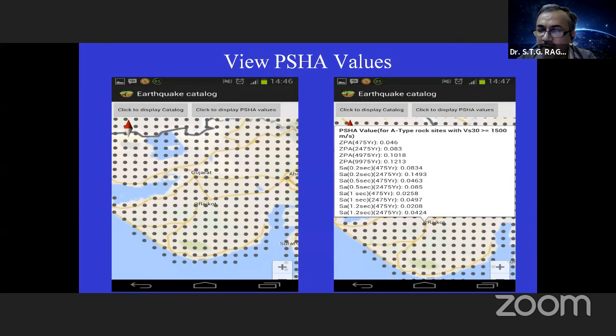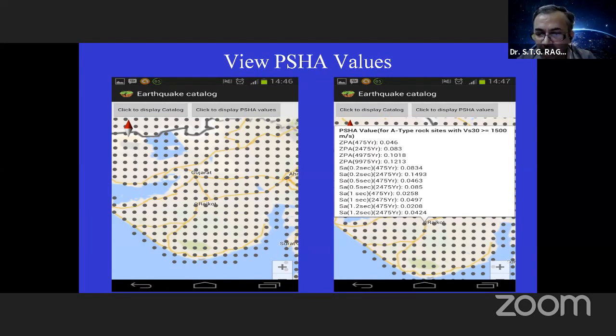And then we have also given these design values. If you touch any grid point, you will get the PGA values for return periods of 475, 2475, 5000, and 10,000 years, and even the spectral acceleration at 0.2 as well as at 1 second. Now this app was done for A-type site in the older version. Now the new values we are going to put up in this app, so that all of you can use this.